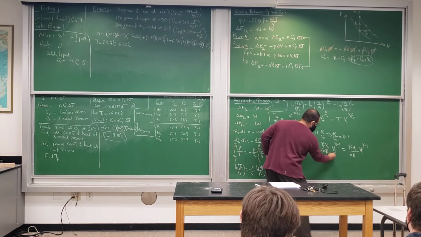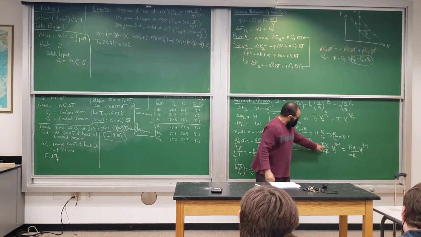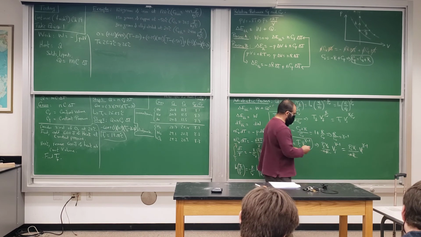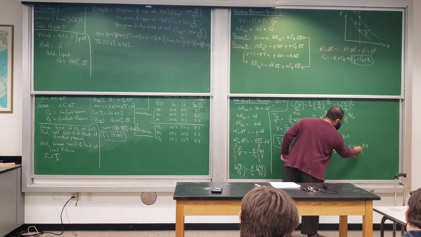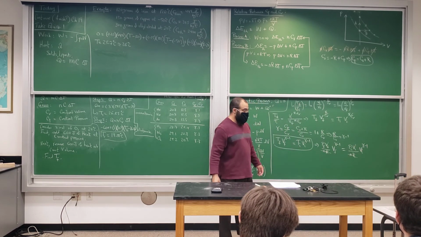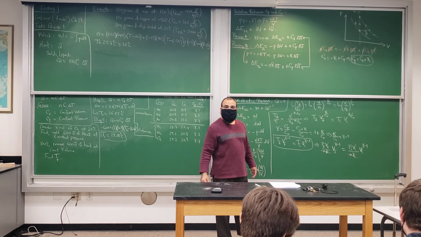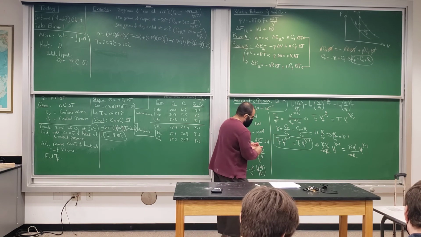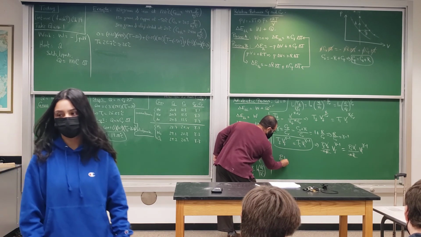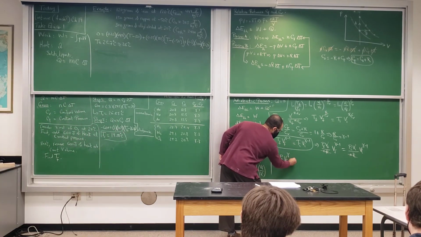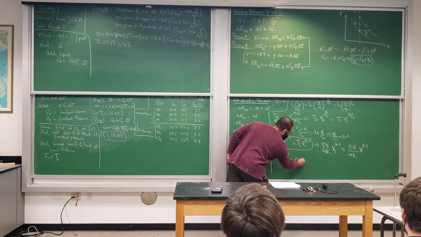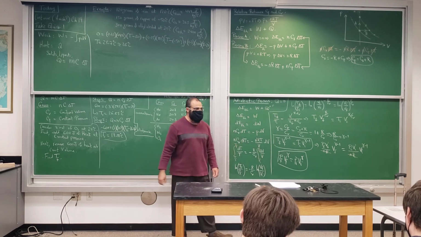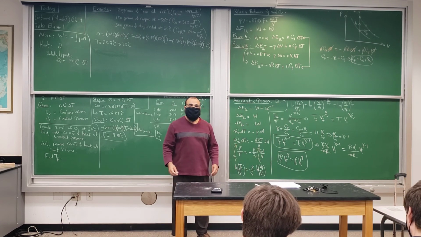The NR cancels, and then V final times V final to the gamma minus 1. How much is that? V final to the first power times V final to the gamma minus 1, just add the powers: gamma minus 1 plus 1 gives gamma. So the final expression that I wanted to write: P final, V final to the gamma is equal to P initial, V initial to the gamma. And this relation holds for what process? Adiabatic.